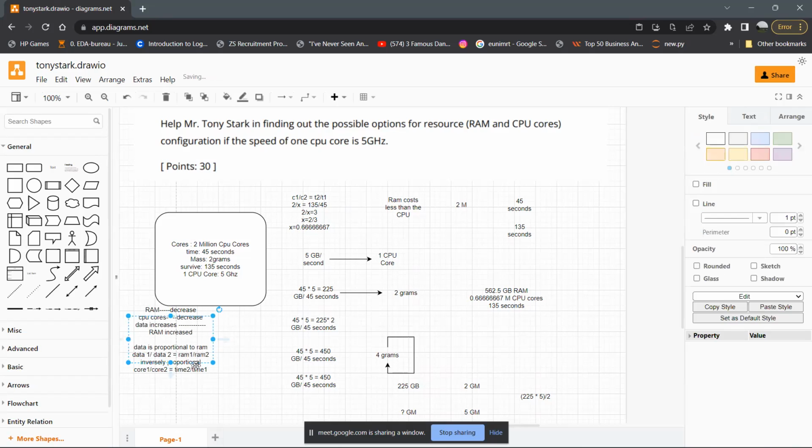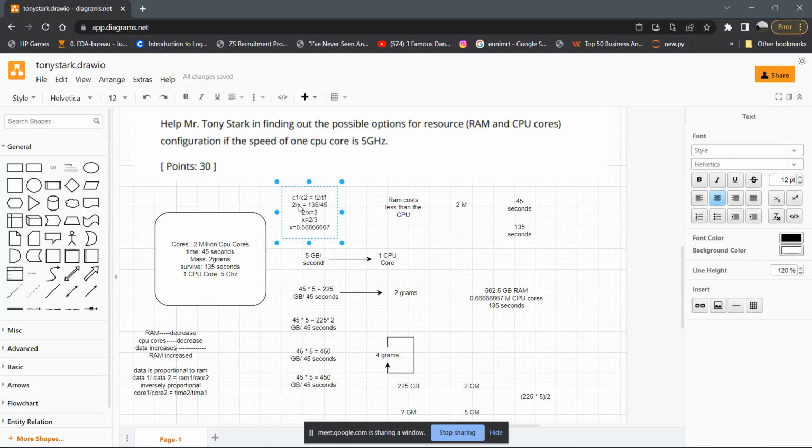You can remember this, and we use this only to get the 0.667, because we knew that core 1 had 2, time 2 was 135 seconds and time 1 was 45 seconds, and we did not know x, the number of cores in core 2. We just simplified this and got the answer.